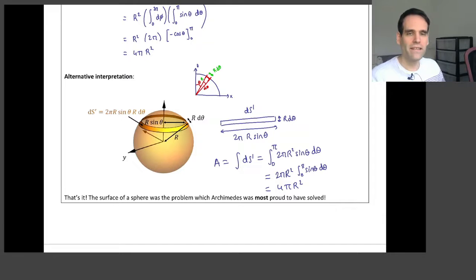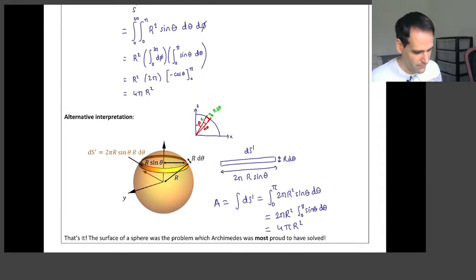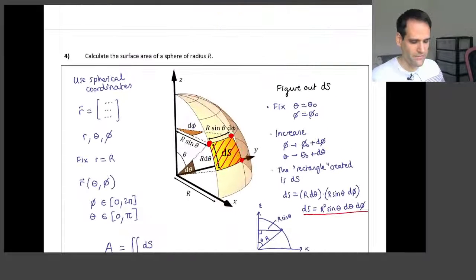Who knows how many weeks, months, or years he took trying to find the exact mathematical equation for the surface area of a sphere, and how proud he must have felt. And here we have calculated it in 5 lines or even in 3 lines here. So that is the power of surface integrals.